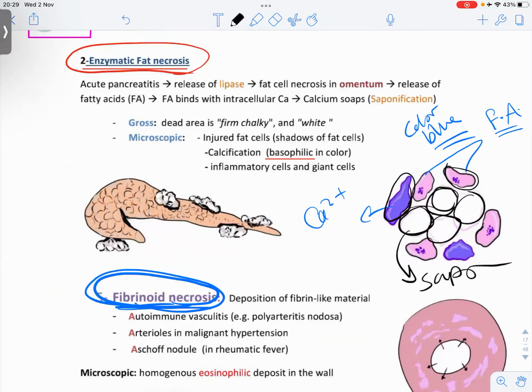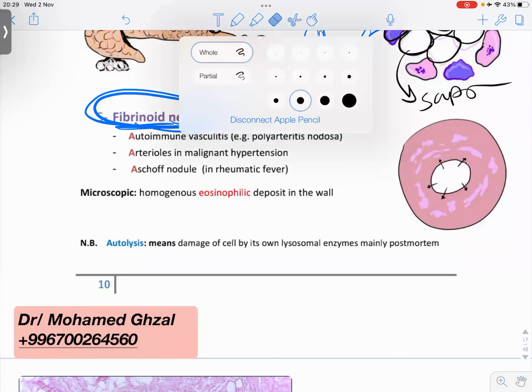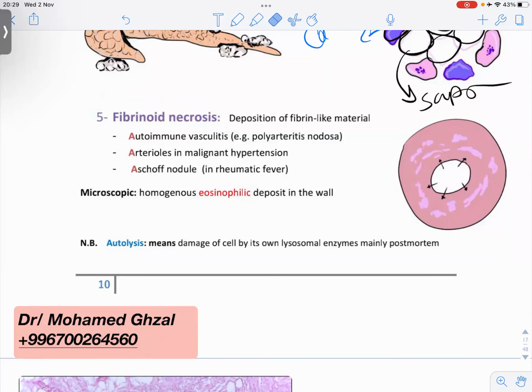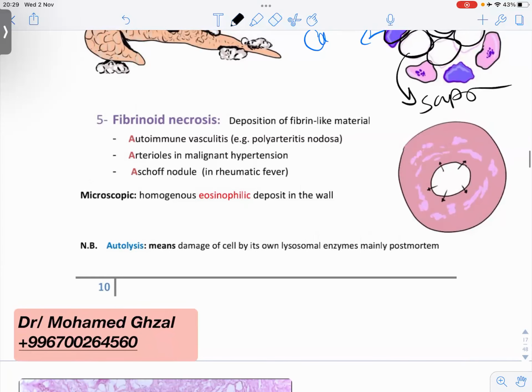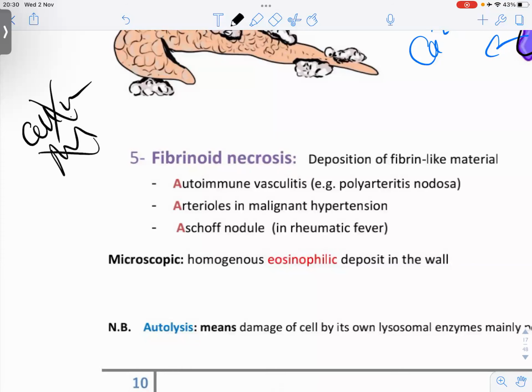I hope you understand. The last type is fibrinoid necrosis, but we don't consider it as necrosis. Why? Because to say that it's necrosis, you have to get cell membrane damage, mitochondria damage, and nucleus damage.